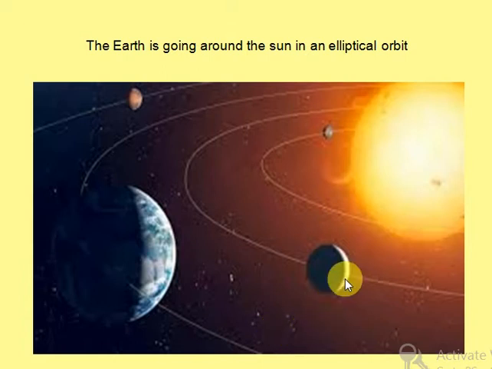You can see the orbit of this Earth. The Earth is going around the Sun. It's an elliptical orbit.